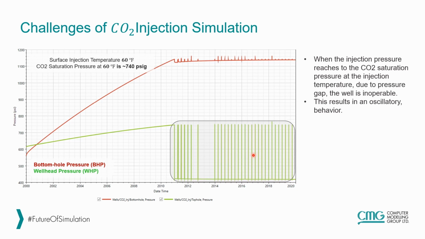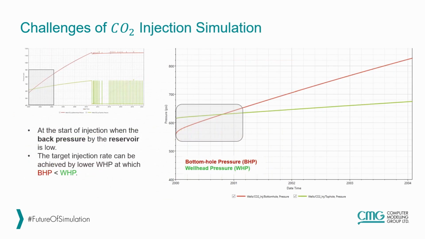Another interesting observation is happening at the beginning of this plot. In the very first year of injection, we see that the bottom hole pressure is actually less than the wellhead pressure. And this is not what we normally expect from injectors. Normally we see that the bottom hole pressure is more than the wellhead pressure.